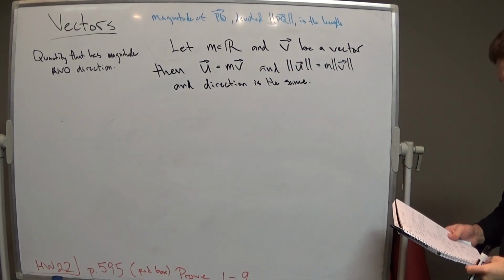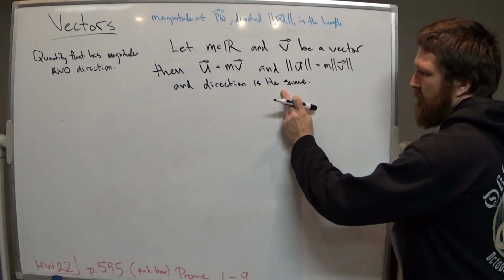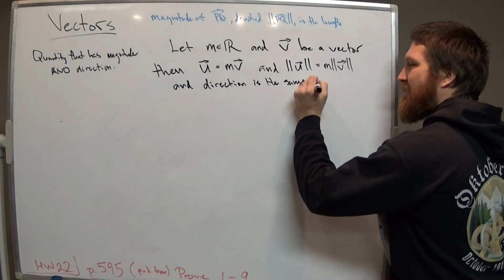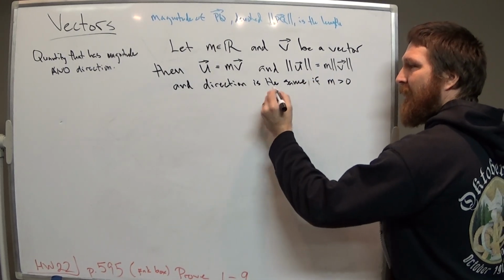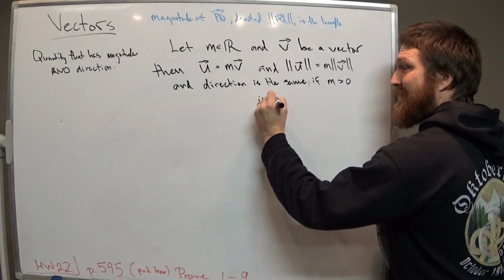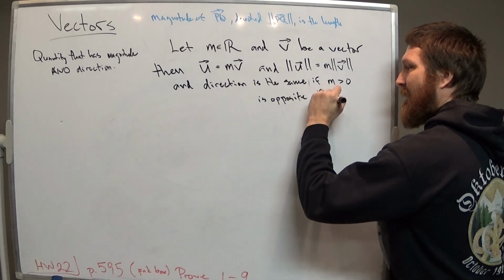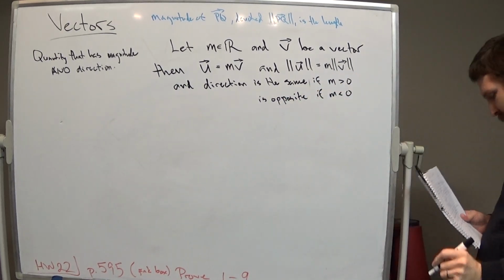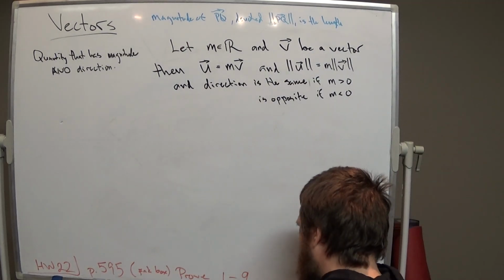Okay? So, graphically, oh, I'm sorry. The direction is the same if M is positive and the direction is opposite if M is negative. So I'm going to do this all in one fell swoop. So check this out. Here's your visual.